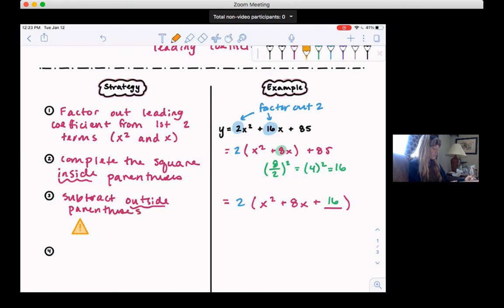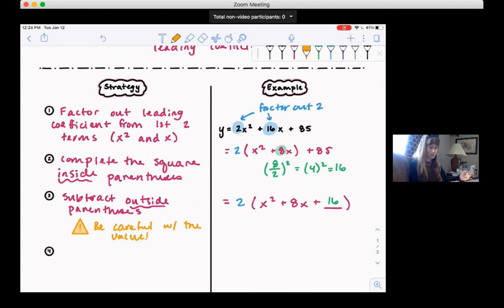And we have a little warning here. We have to be careful with the number that we subtract. The leading coefficient complicates this a little bit. So normally we would say, okay, we added 16, let's subtract 16.